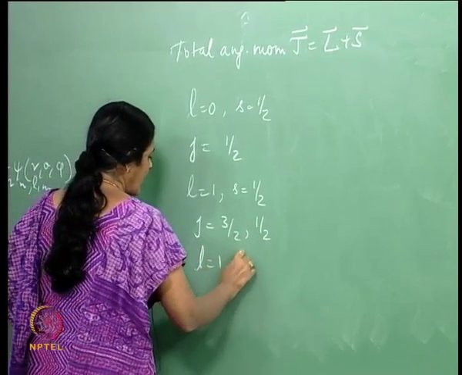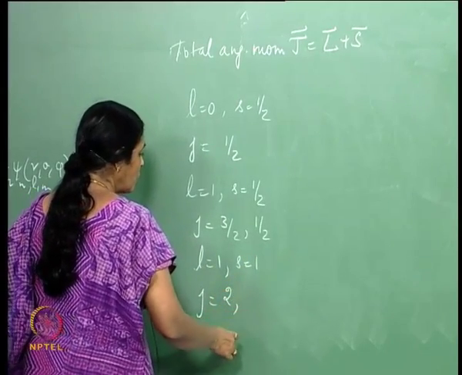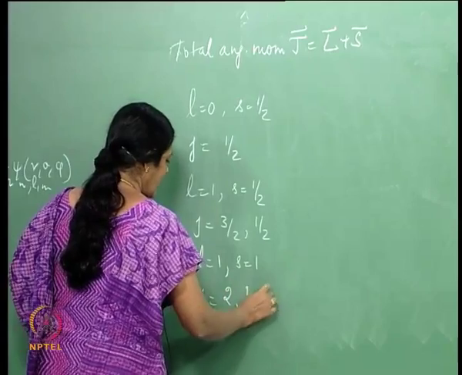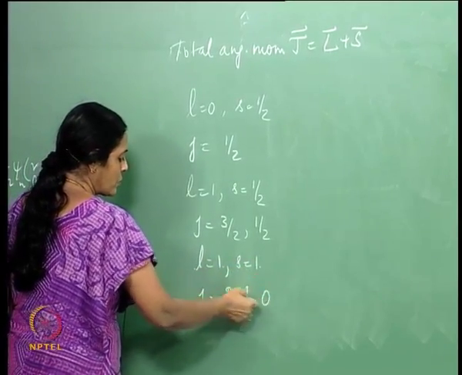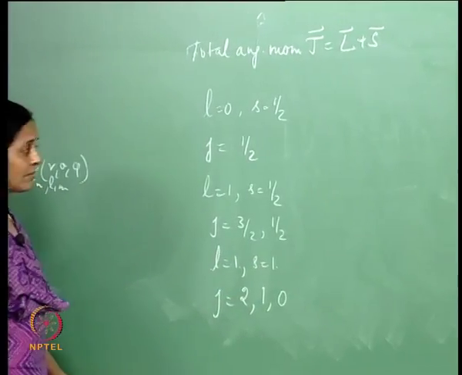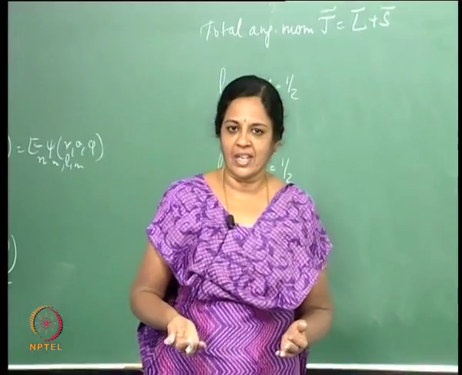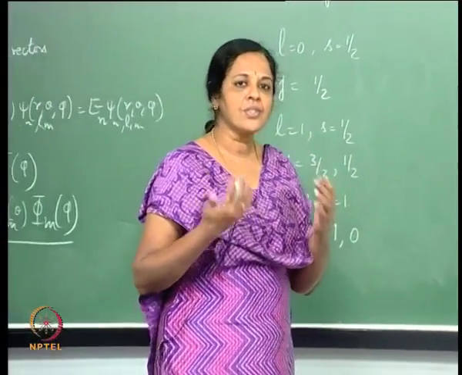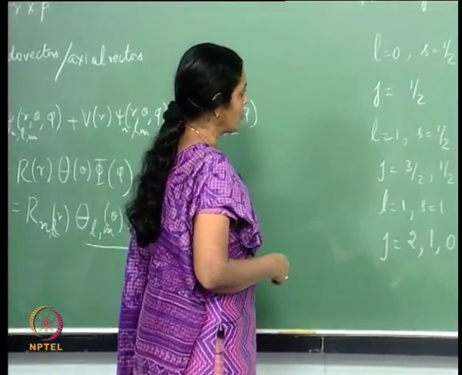If L is 1 and S is 1, J can take values 2, 1, 0, because it goes from 1 plus 1 to 1 minus 1 in steps of 1. So the addition rules are the same as when two spins add, except that L is constrained to take only integer values and not half integer values.